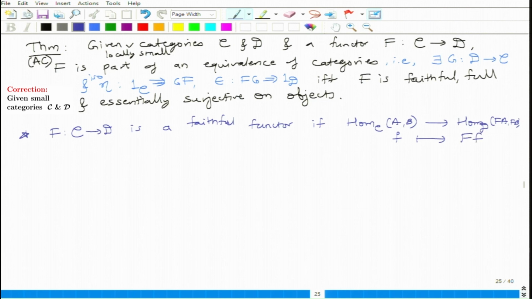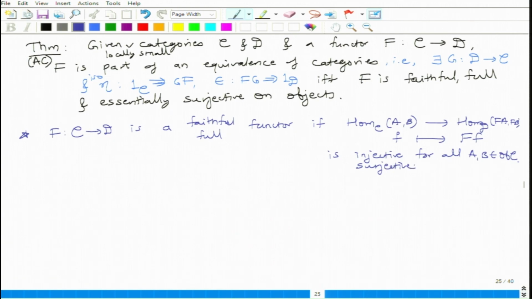Yeah, this map is injective for all A, B in objects of C. So a faithful functor is nothing but a functor that is injective on hom sets. So if there are two parallel morphisms and they are distinct, then they will be mapped to two distinct parallel morphisms.